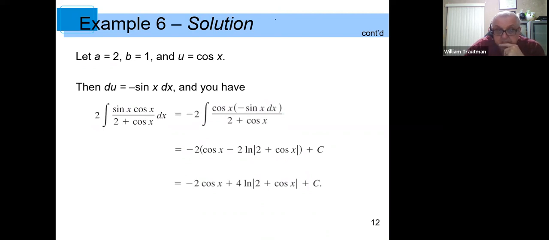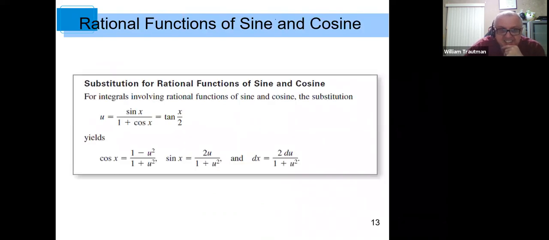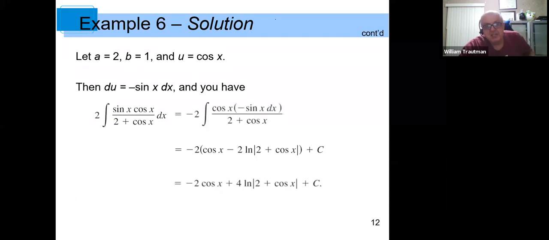I hope that's what I got. But you notice they just plugged everything in. That's du, that's u, that's u. B is the number in front here. B is 1, and this is A. And then we plug it all into the formula.